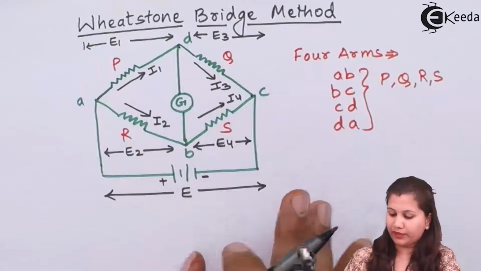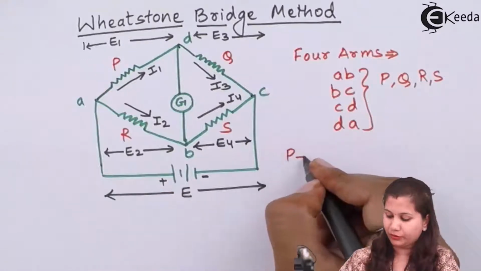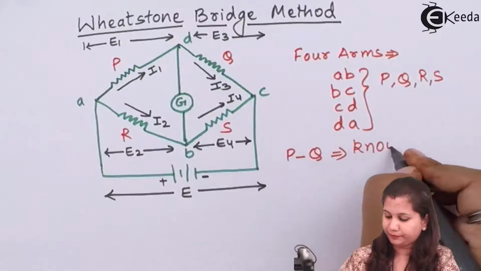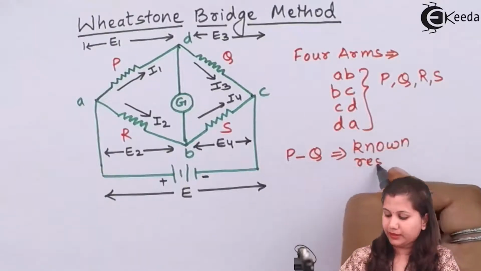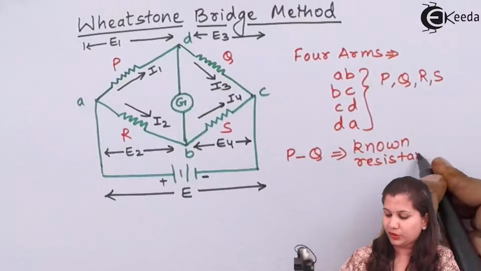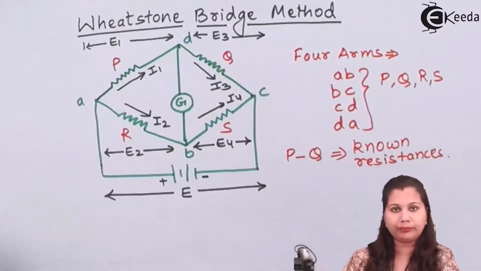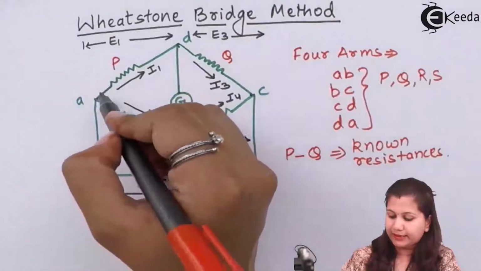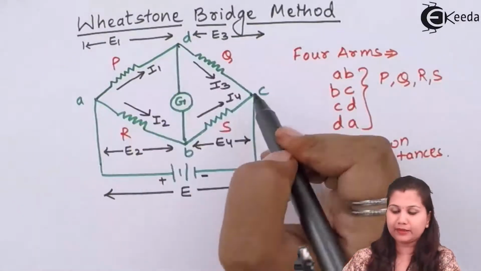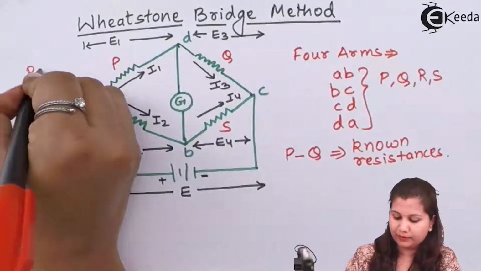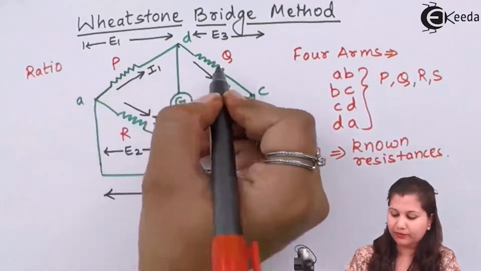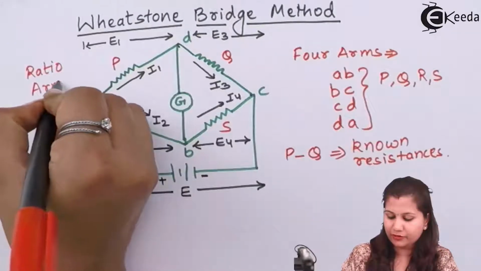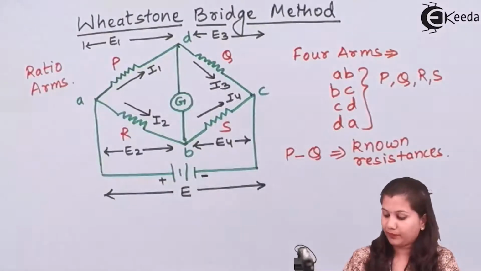Out of these, the P and Q resistances are the known resistances, meaning the values of these resistances we already know. And the arms AD and DC are known as the ratio arms. The arms in which the P and Q resistances are connected are termed as ratio arms.